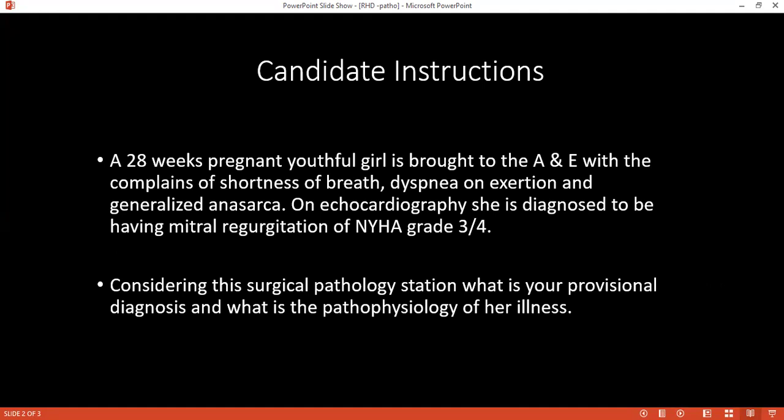Okay, make it simple. What exactly is rheumatic heart disease? How would you define it? It's a type of cardiac inflammation. And how does it begin? It's autoimmune.